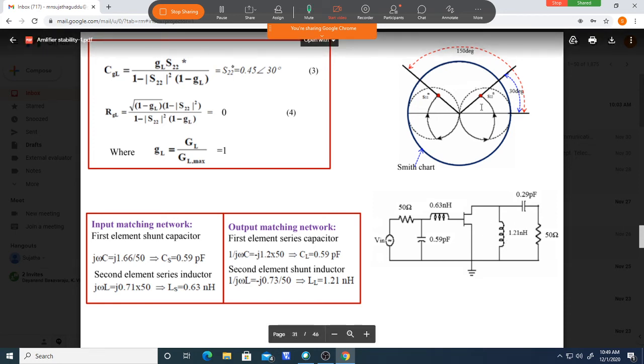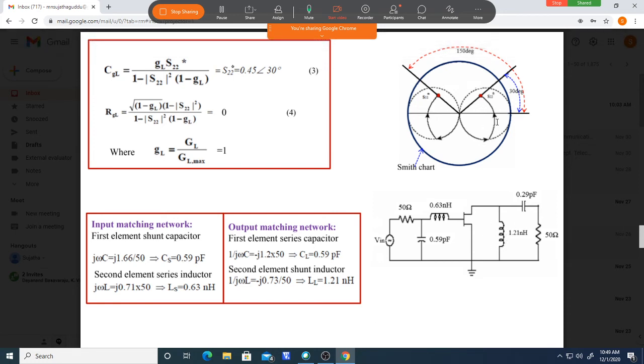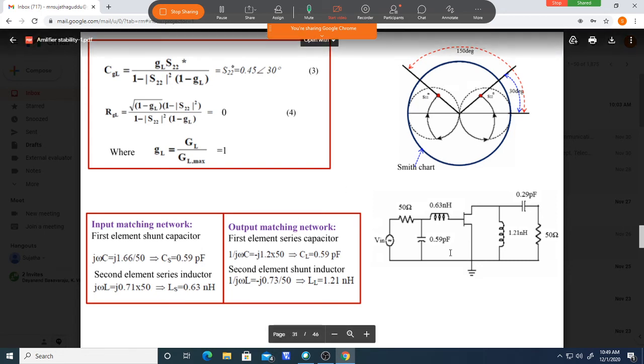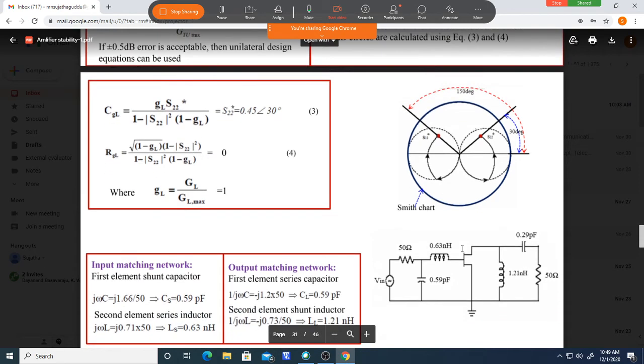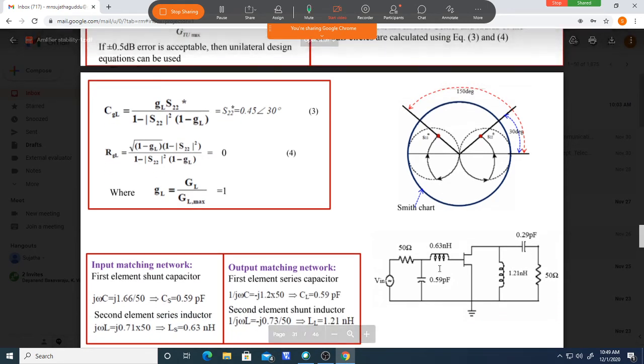You calculate how much B was added moving from here to here, and how much reactance was added moving from here to here. Using that you can calculate the values of L and C, as we did in the previous problem. So this is the input matching network and the output matching network.